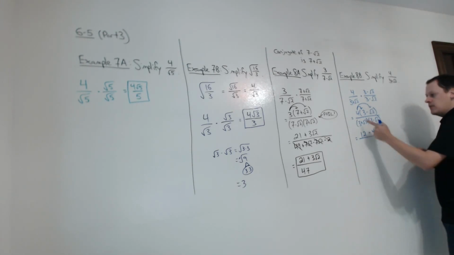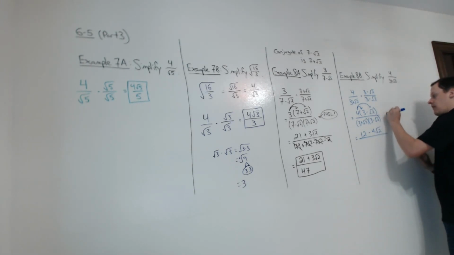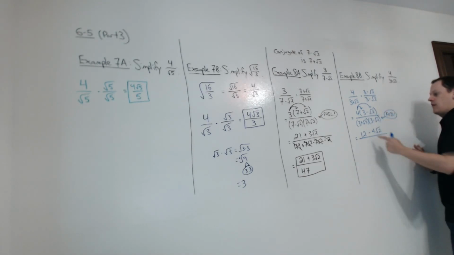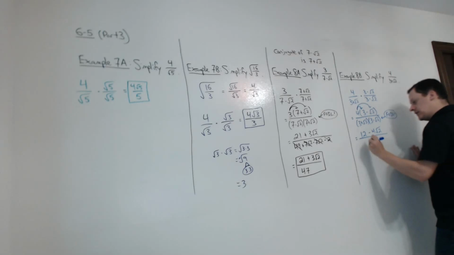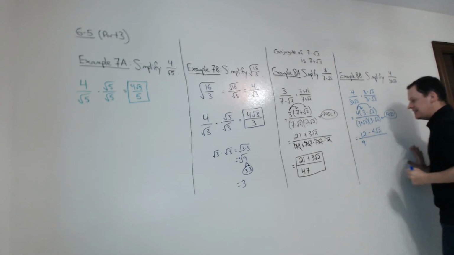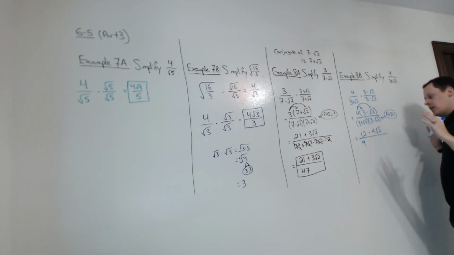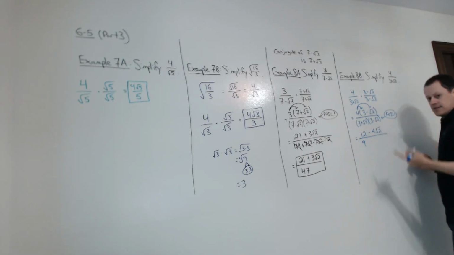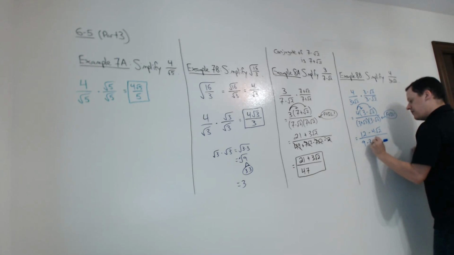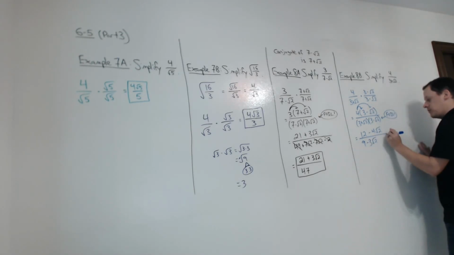On the bottom, again, we are FOILing here. So 3 times 3, that's the easy one, 9. 3 times negative square root of 2, we squish that together, but we put the minus sign in the front because it's negative 3 square root of 2.